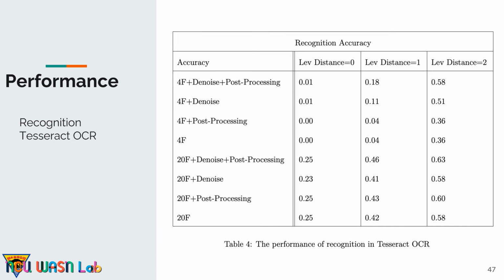In the case where the recognition result is exactly the same as the ground truth, Levenshtein distance is 0, all models perform poorly. And the table shows that 4F plus denoise plus post-processing and its Levenshtein distance is 0.01, and 4F is 0.0. However, when Levenshtein distance is 1, from 4F to 4F plus denoise plus post-processing, the accuracy raised to 0.18.